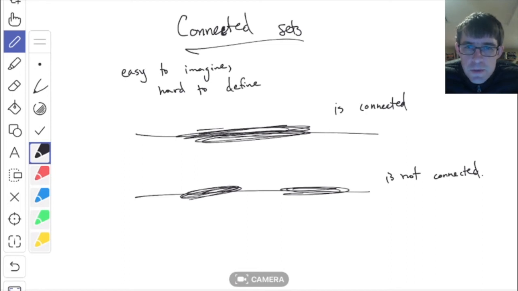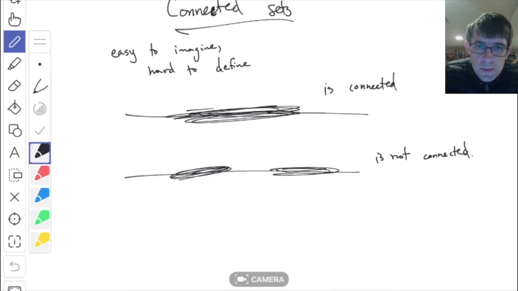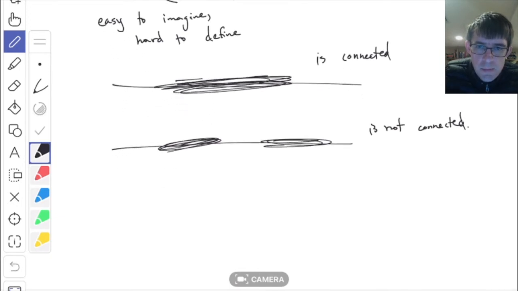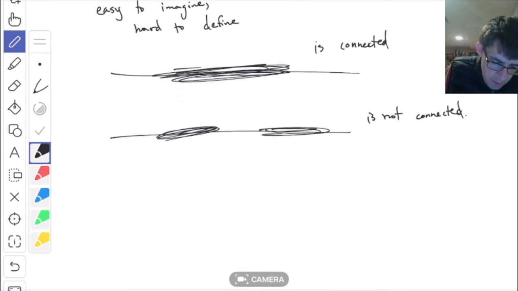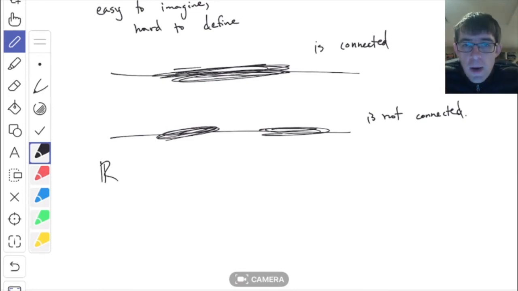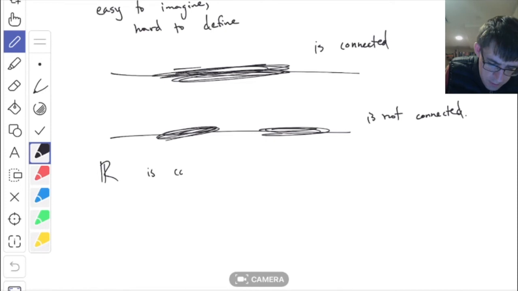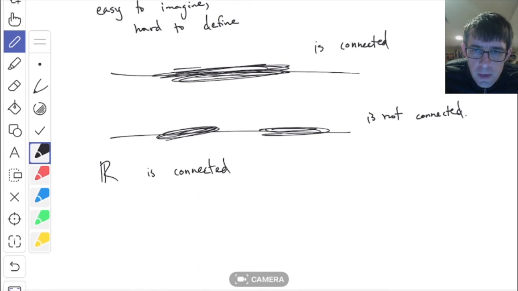Now, those pictures are very simple. Can I say some examples, maybe slightly more interesting? How about all of R as a set? All of R is connected because if you were to draw a picture of it, it's just all one thing together. It doesn't have two pieces to it or something like that. So R is connected.